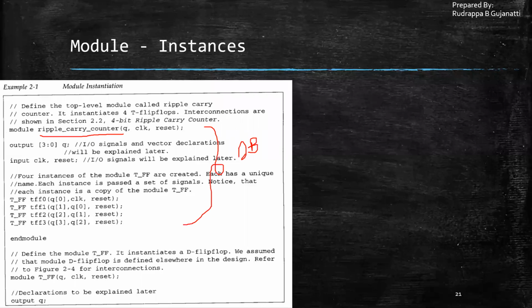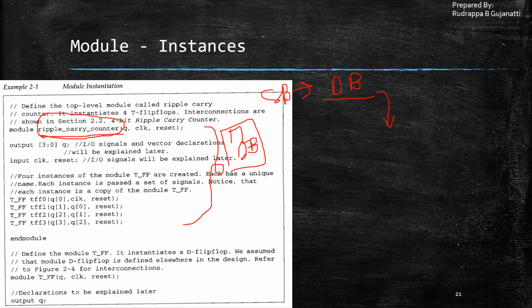This is at the top level. Now what is the stimulus block doing? It is creating an instance of this ripple carry counter, giving the necessary inputs, and trying to see what the output of that design block is.